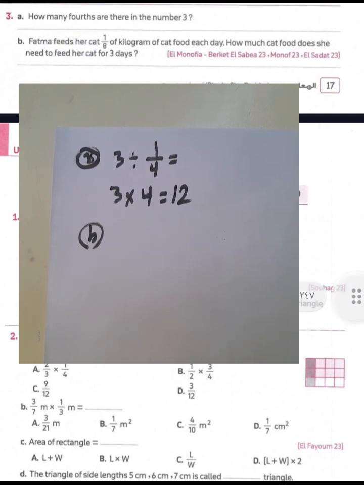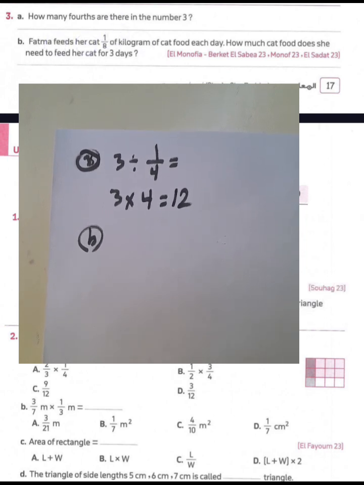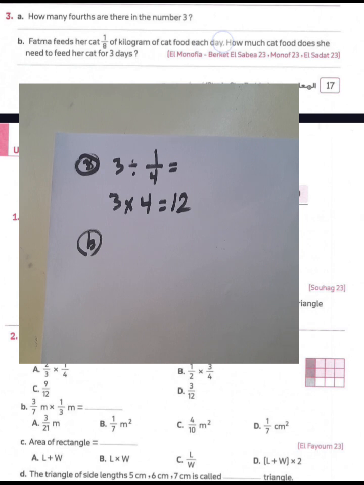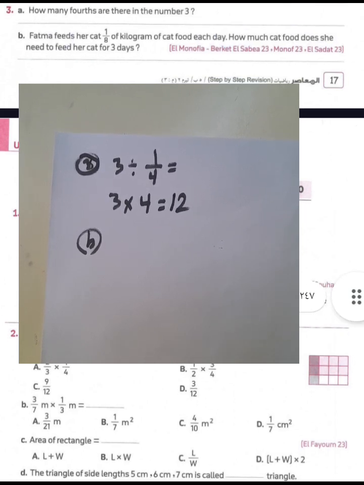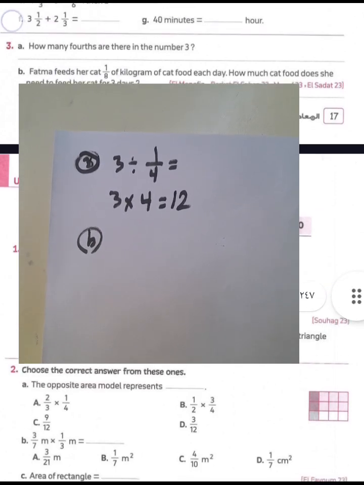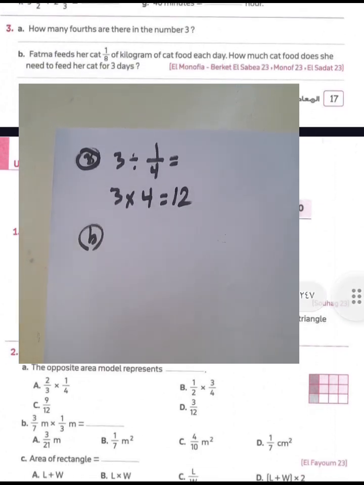Fatma feeds her cat 1/8 of a kilogram of cat food each day. How much cat food does she need to feed her cat for 3 days? We can write the product of two numbers to find the total amount in kilograms.